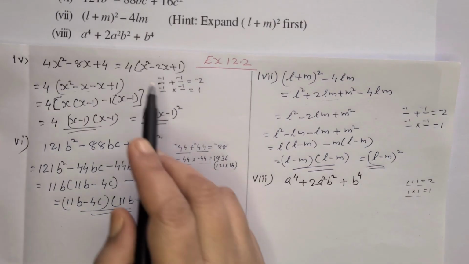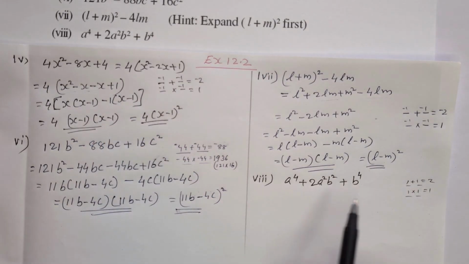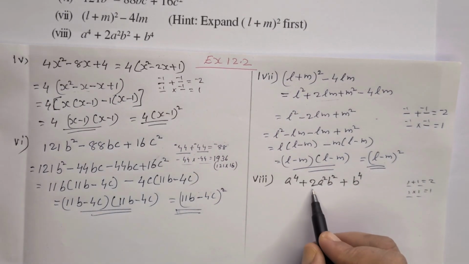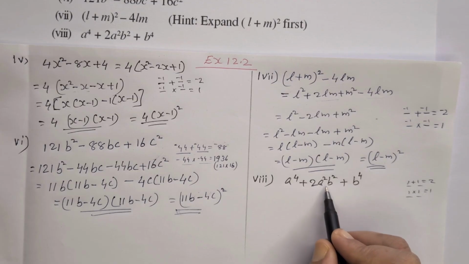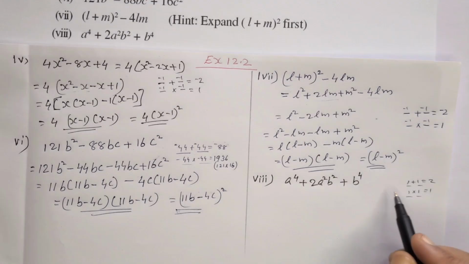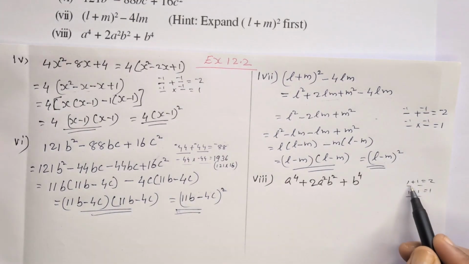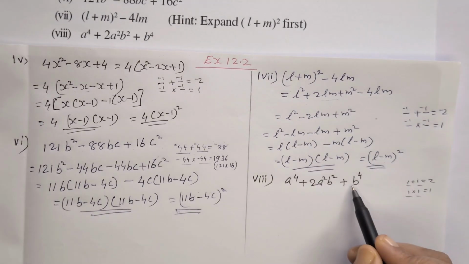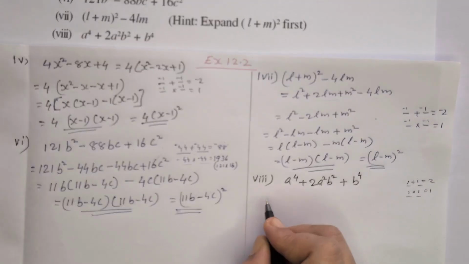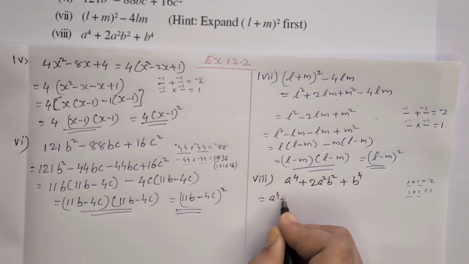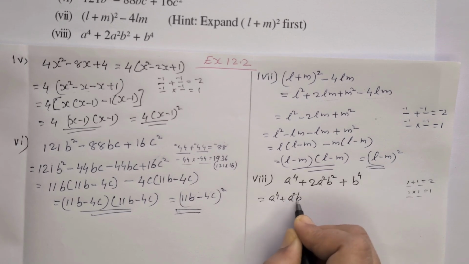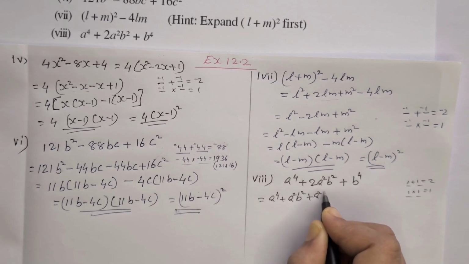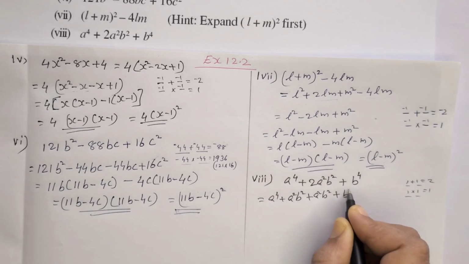Eighth one, a raised to 4 plus 2a square b square plus b raised to 4. Here 2 is the coefficient of the middle term, a square b square. So the sum is 2, that means 1 plus 1 is 2, and the product is 1, 1 into 1. So we have to split the middle term as a square b square, again a square b square, plus b raised to 4.